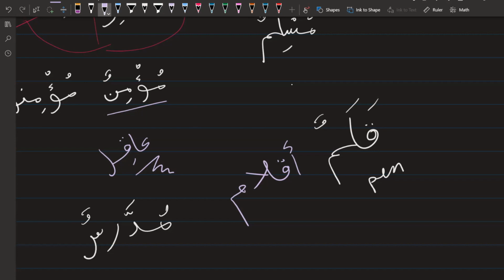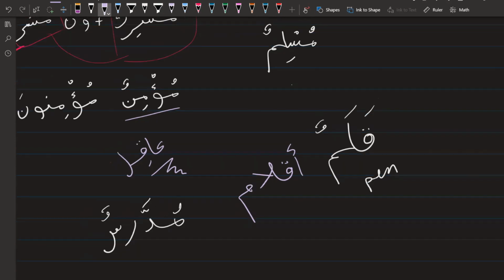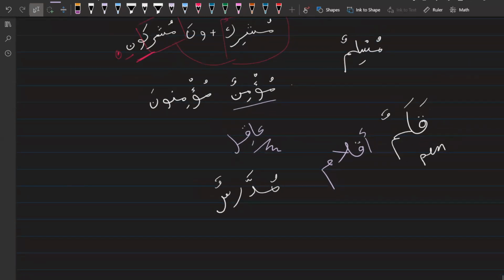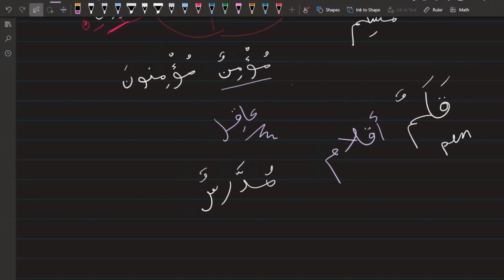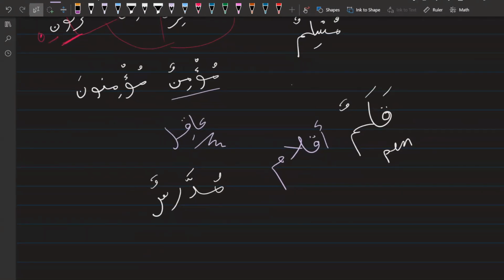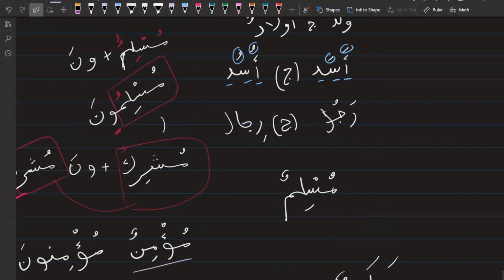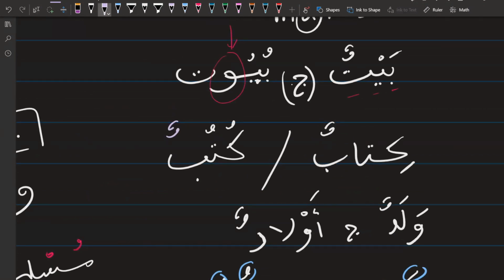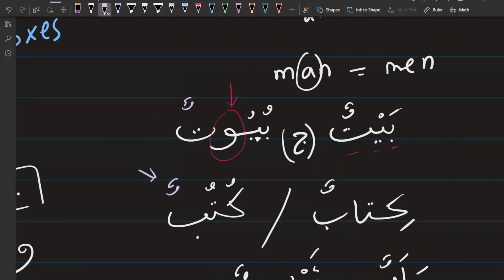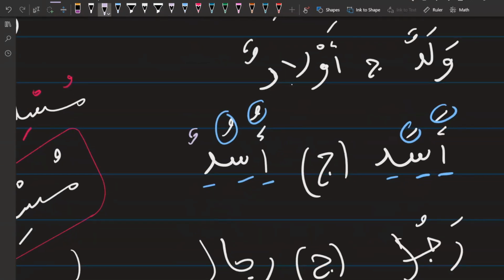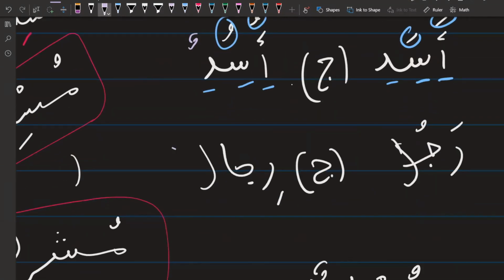Make sense? Now, let's talk about how we deal with grammar, because remember, right now we are learning these things and we're also learning about grammar. For example, when we talk about broken plurals, when you say kitabun, we say kutubun. Our tanwin is there. Baitun, buyutun. Waladun, awladun. Asadun, usudun. Rajulun, rijalun.